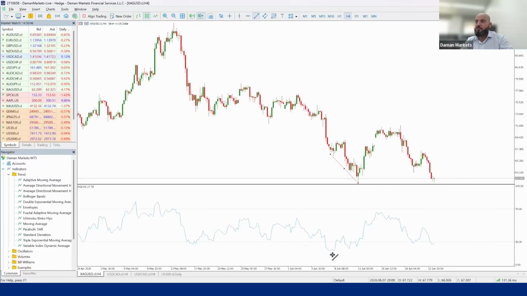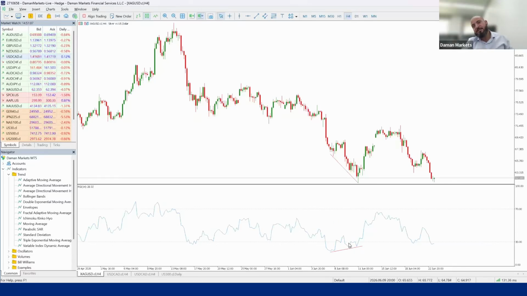But if I compare the momentum, it is failing to follow through. Prices moved to lower lows, but the oscillator failed to move in a similar manner. This is a classic bullish divergence.